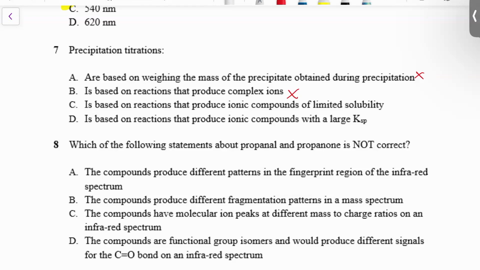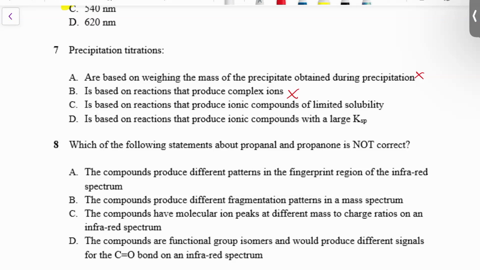So B is not correct. C is based on reactions that produce ionic compounds of limited solubility. True or false? If you can't figure it out, by the way, you can swap it and see if the other one is true. So you're not able to tell me if C is true or false.